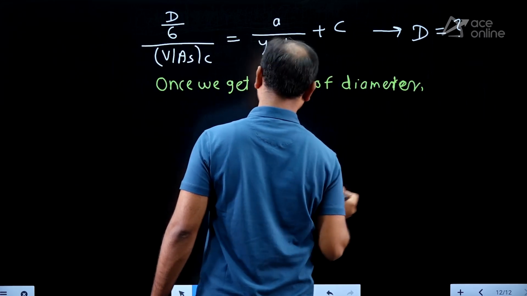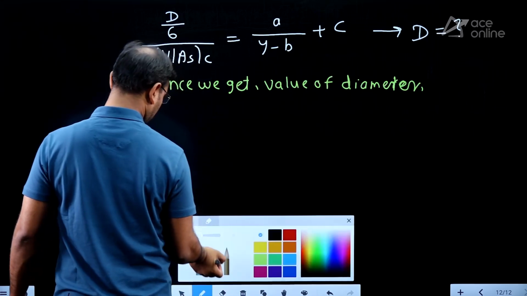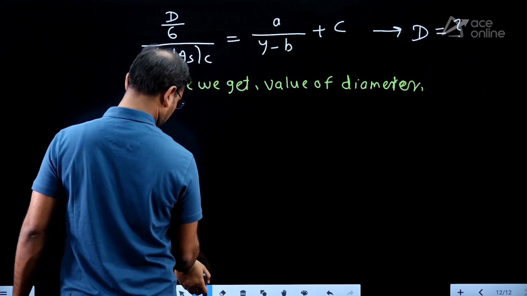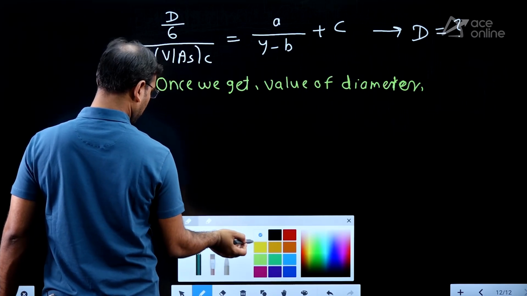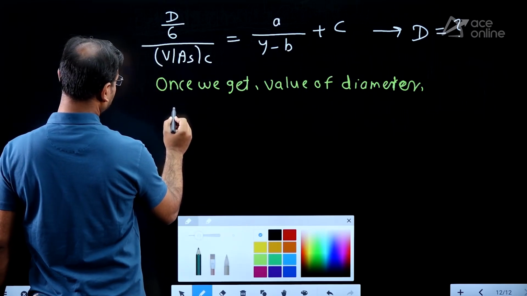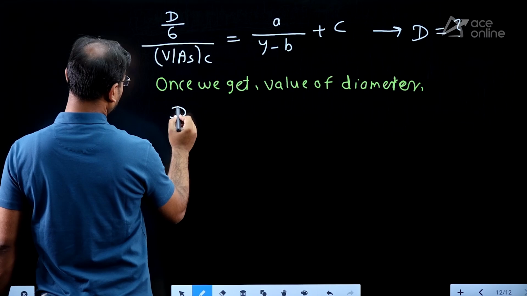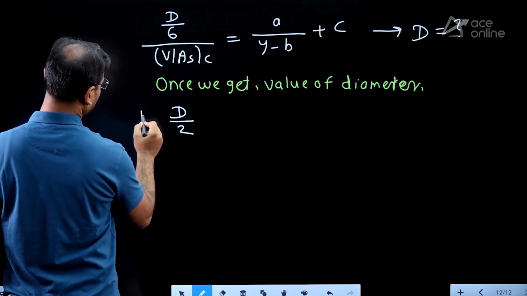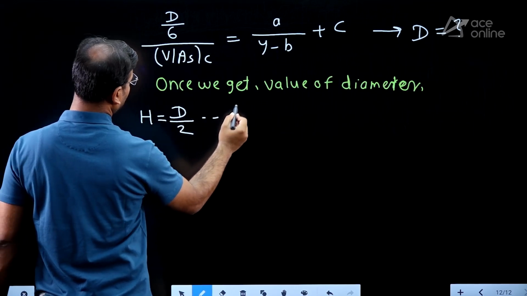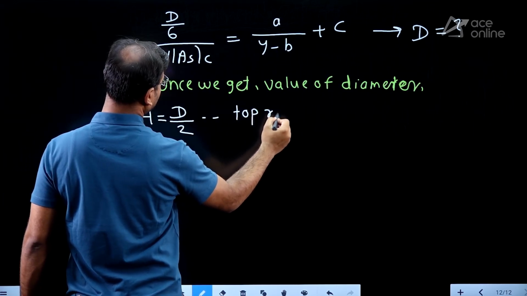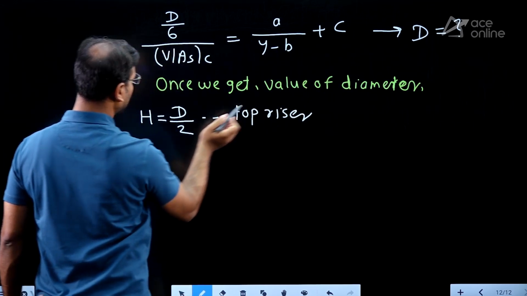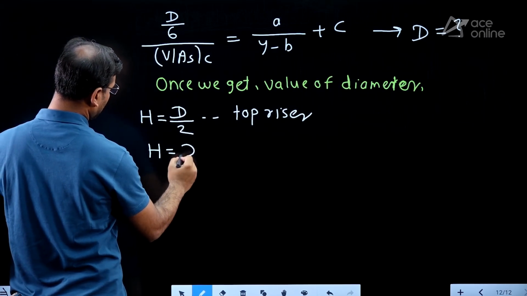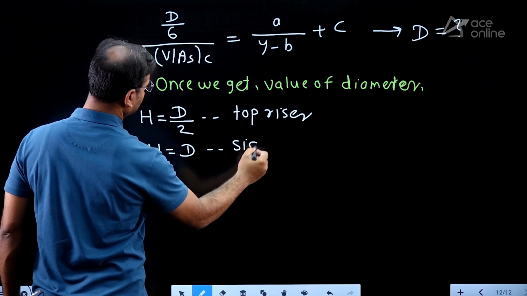Once we get the value of diameter, then we can write h is equal to diameter by 2 for top riser, because we got diameter, put diameter here, calculate the h, and height is equal to diameter for side riser.